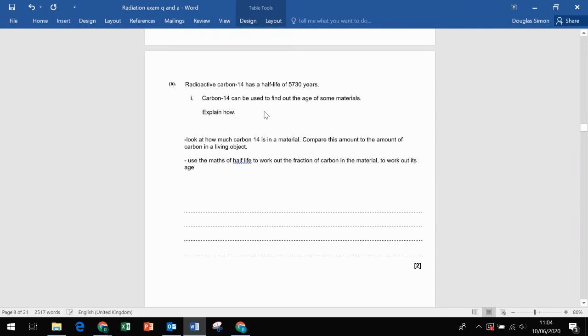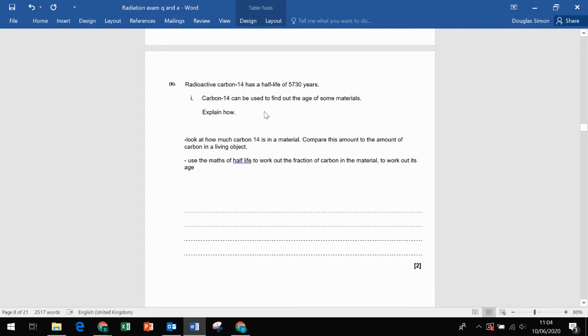So what do I mean by that? Well, supposing you found a material in the ground that had as much carbon-14 as a living object did, right? Then you would know that its age is basically 0 years.